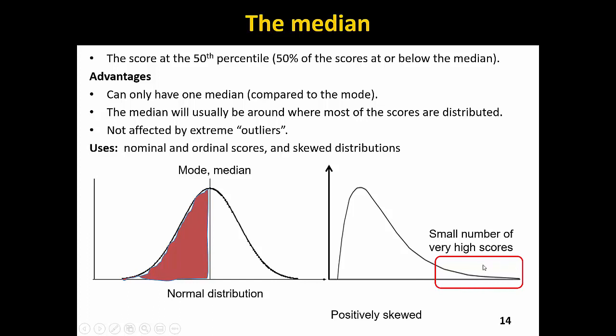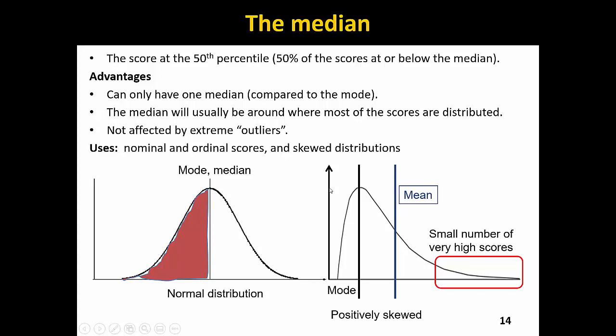Here we have some very high dependent variable scores, but if we follow and intersect this curve over to the y-axis, we see that there are only a handful of scores, a very low number of occurrences of these very high scores. The mode is still defined by the highest occurrence of those scores at the highest point, the most commonly occurring score.